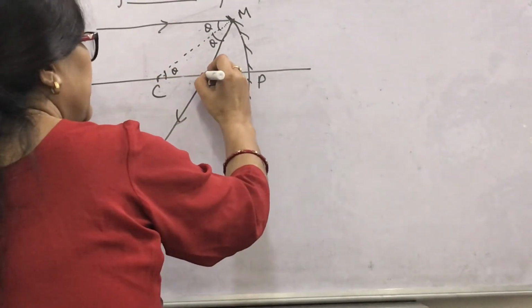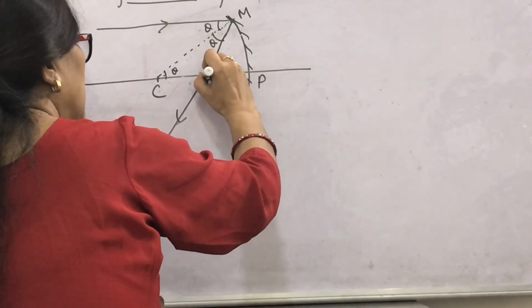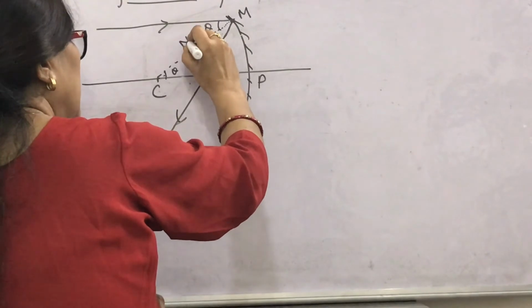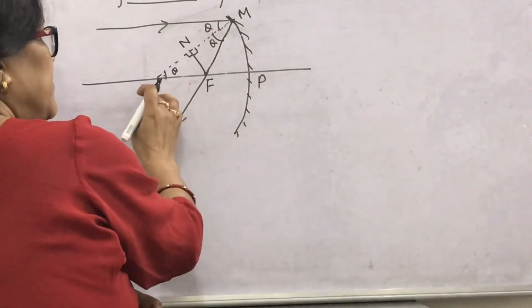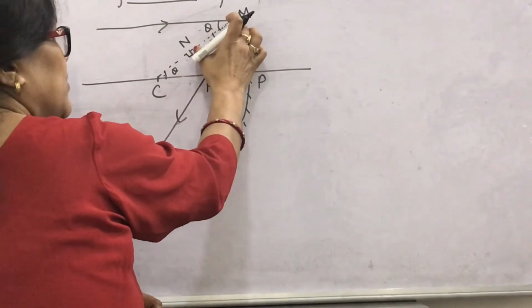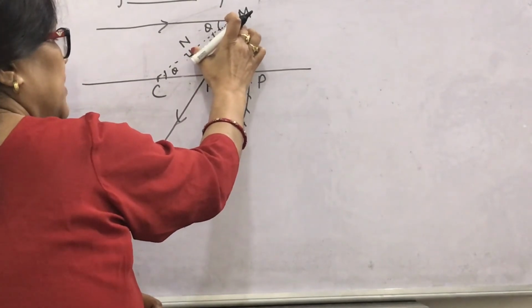What happens if you draw a normal from the point F to the line CM? Suppose this is the normal N, this is 90 degrees. What is CM? Total R. Then these two portions will be the same: this will be R by 2, this will be R by 2. Will it be or not?